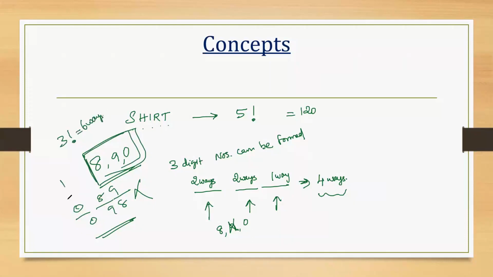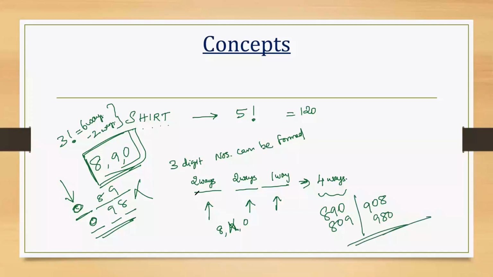In that, you must avoid 0 as the first digit, since you need a 3-digit number. So these two cases will be eliminated, and you get 4 ways overall. Nothing but 890, 809, 908 or 980. These are the only 4 ways you can arrange using the digits 8, 9, 0. Is it clear?